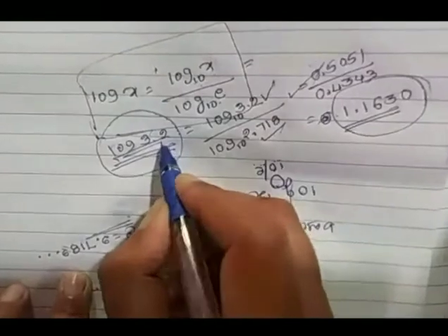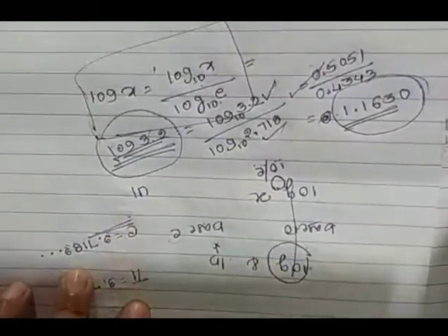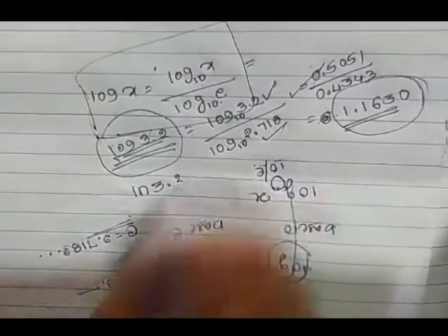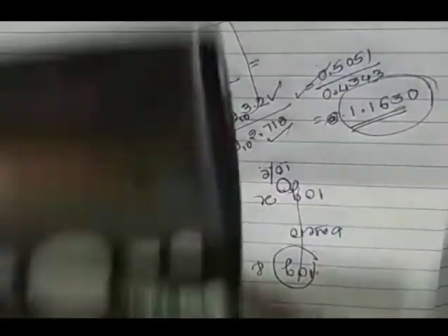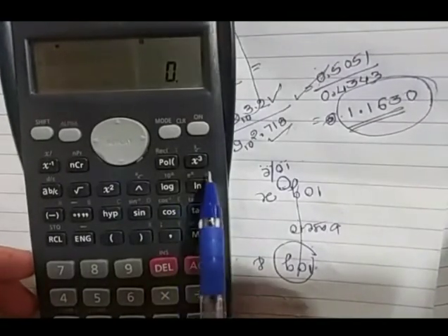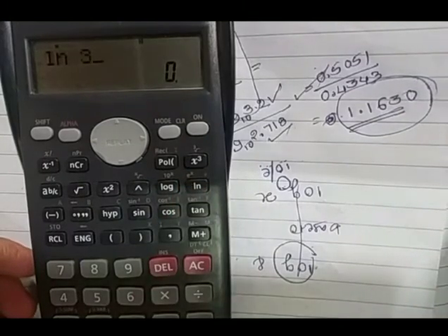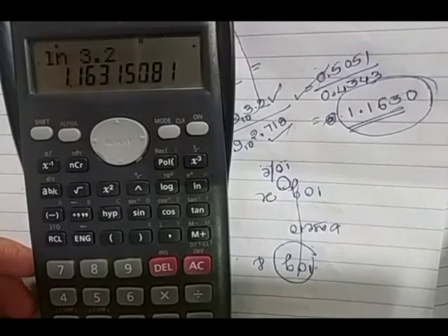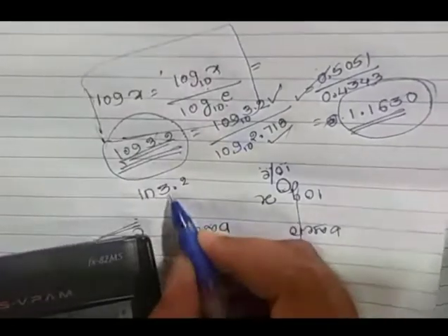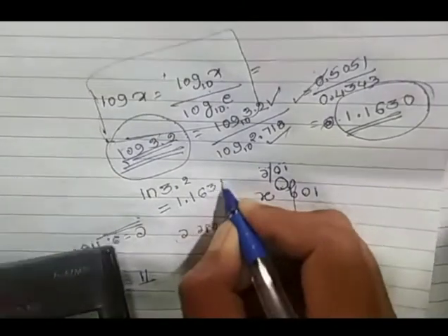This log 3.2 we can directly simplify with the help of the natural logarithm, that is ln. You can observe in the scientific calculator we have ln to the base e. So directly ln 3.2, what we'll get is 1.163. Here, applying ln, we are getting the answer 1.1631.